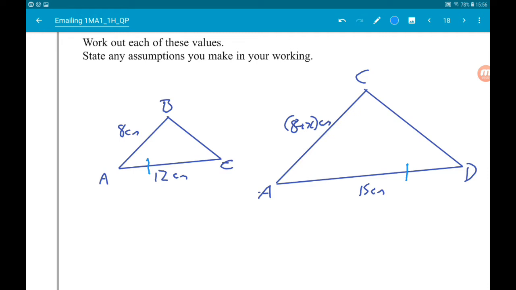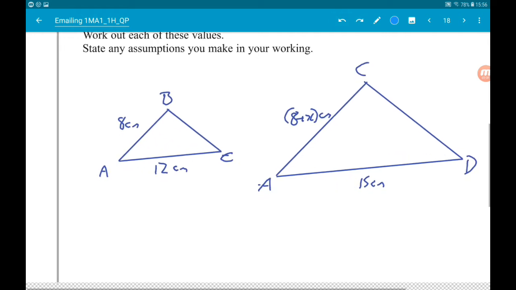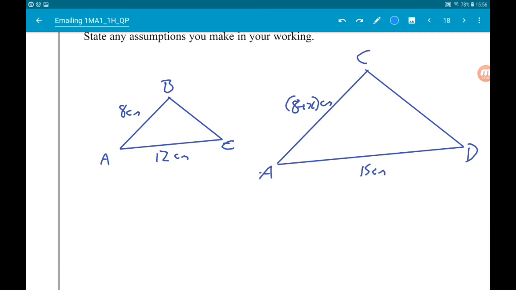Okay, so to get the scale factor then, in this case, we do 15 divided by 12. Now that simplifies to 5/4, which is 1.25.